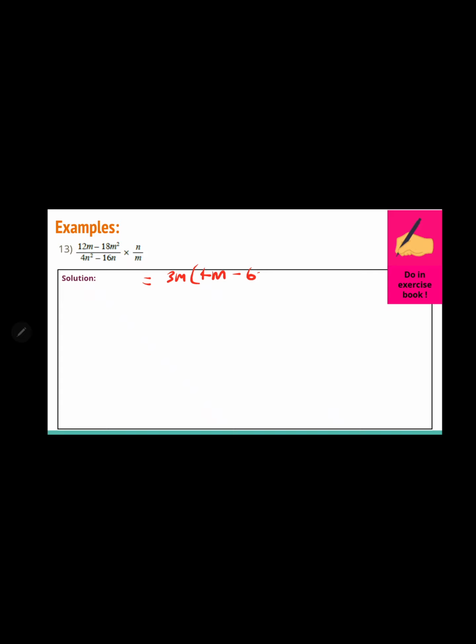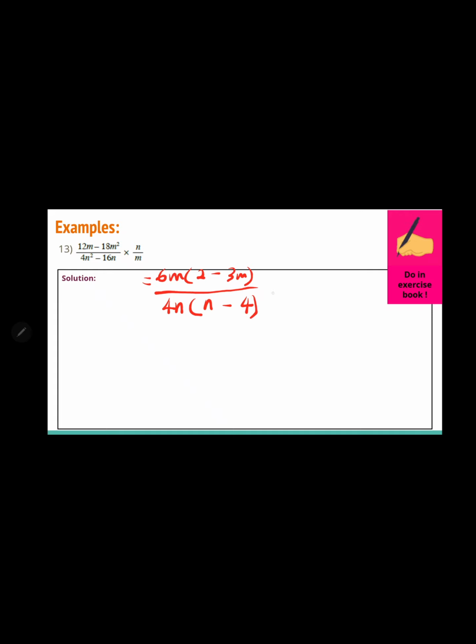Not 3, 6. So sometimes to be clear a bit, 6m, 3m. Then this one is 4n, I think. n minus 4. Okay, perfect.